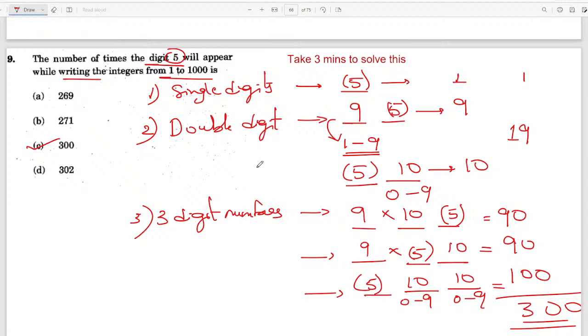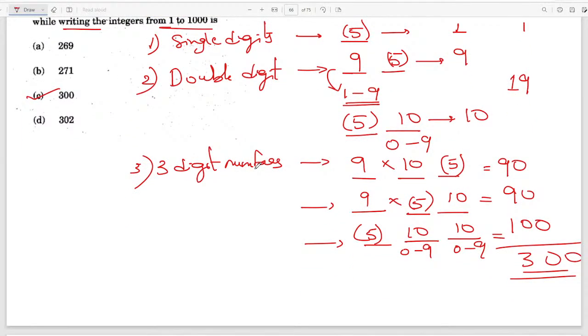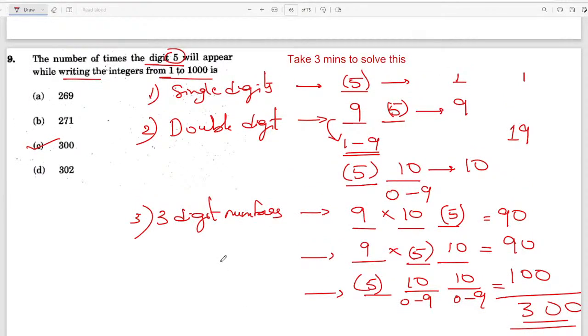But is this clear? If you have any doubts, please ask. Lohit, Tam, and Shweta, if you have any doubts, please ask. Others, if you have any doubts, you can ask. Don't hesitate.